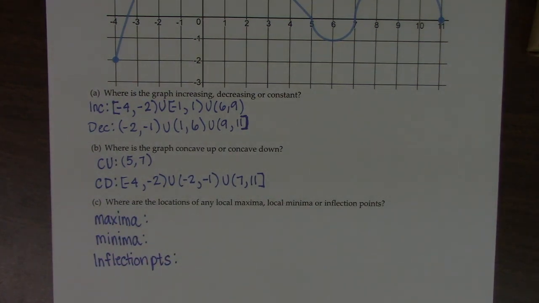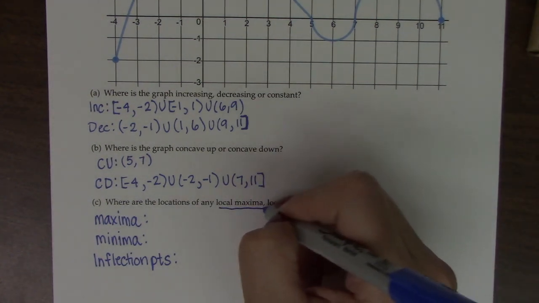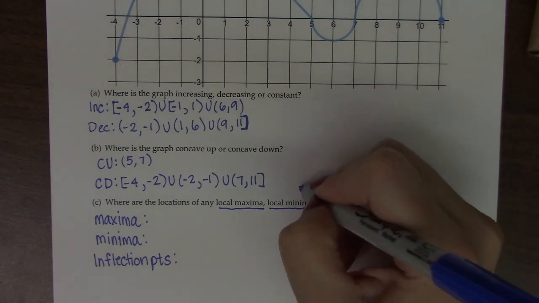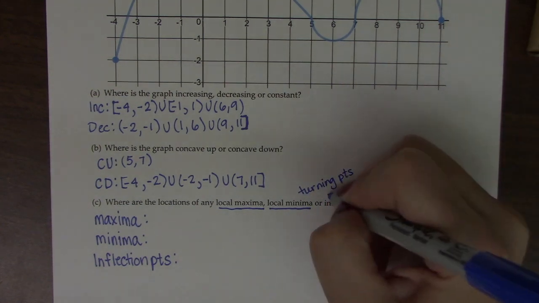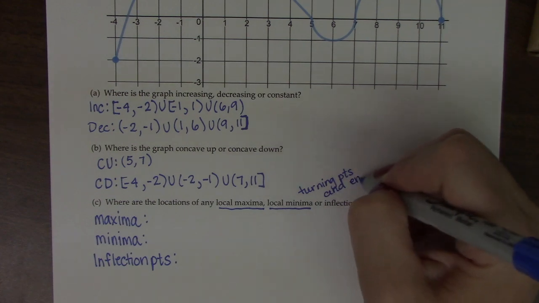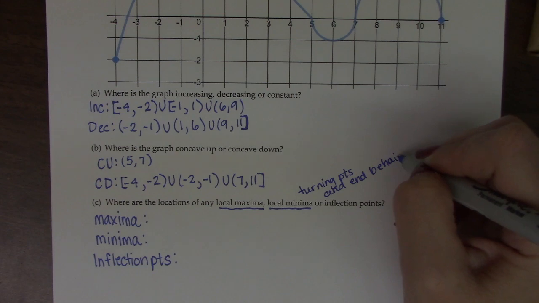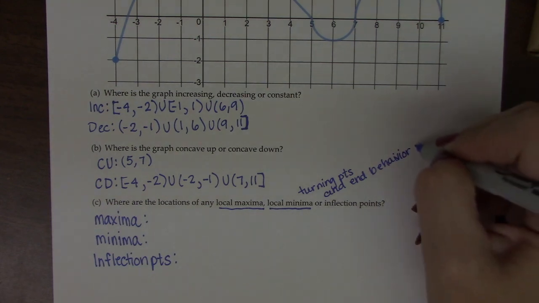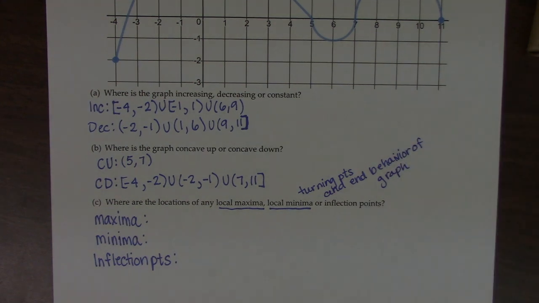Local max and minima really are the same thing as saying turning points. So what we're talking about here are turning points, and we check the end behavior of the graph. So let's see what we mean.